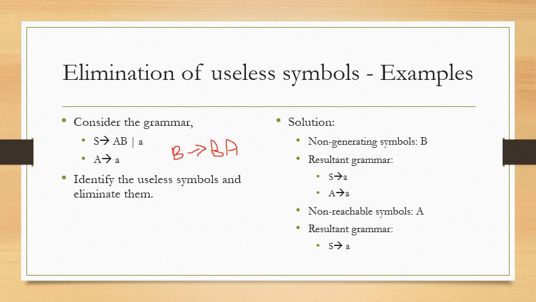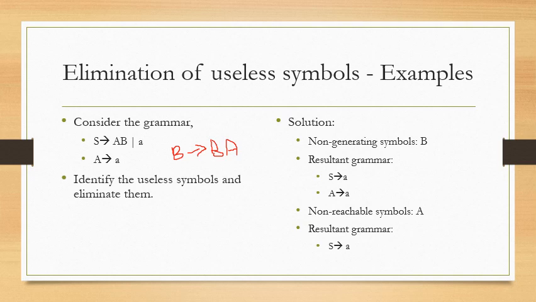Because however many times you substitute for B, this uppercase non-terminal B will keep repeating again and again. For A, I can substitute small a, which is a terminal, but for B, I cannot substitute a terminal because B doesn't have any rule which has a terminal alone in it. So even if we have a production like this, we can say B is non-generating.